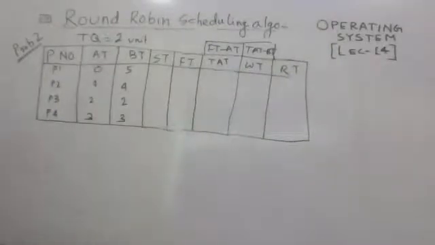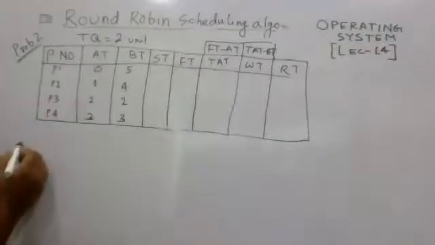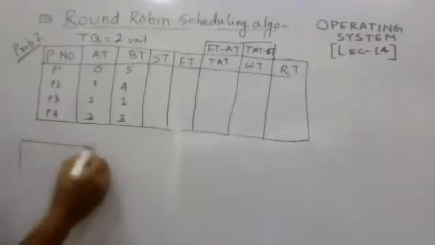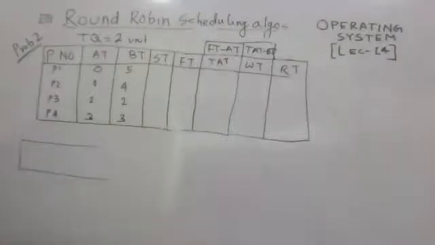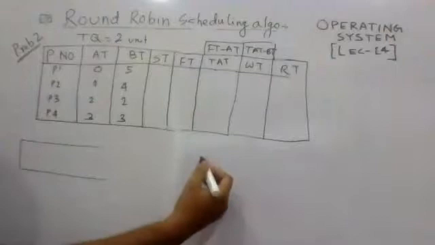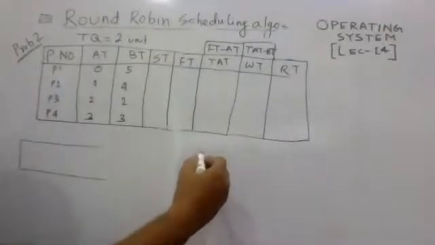Okay, now again we have to draw a Gantt chart. Suppose this is our Gantt chart, and here we are maintaining a FIFO queue.